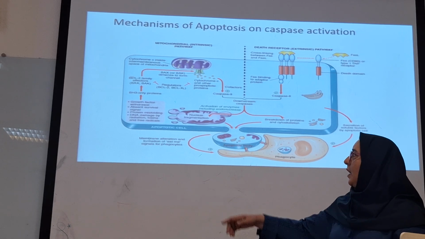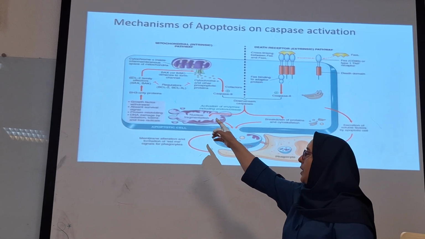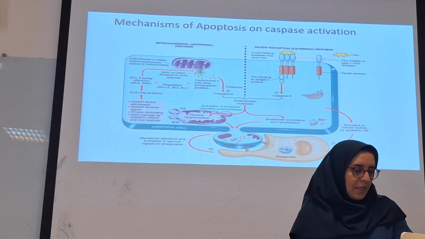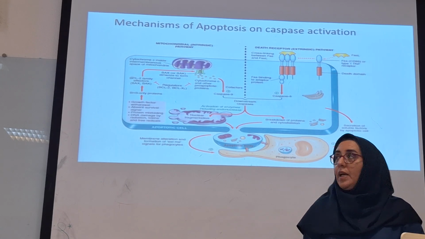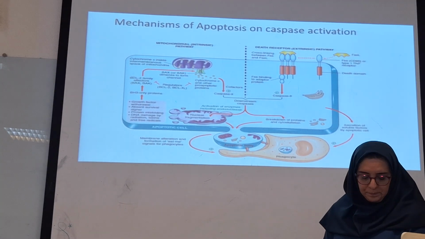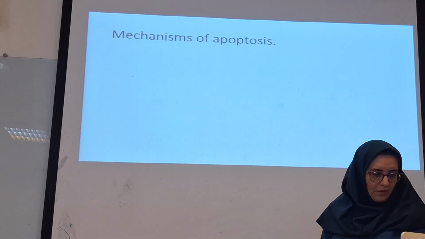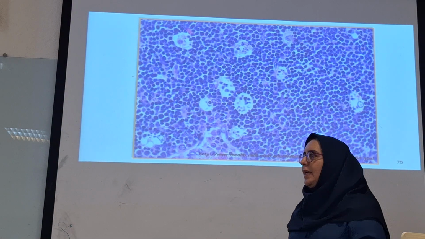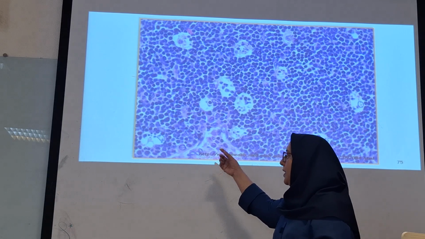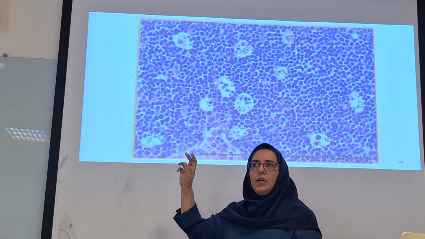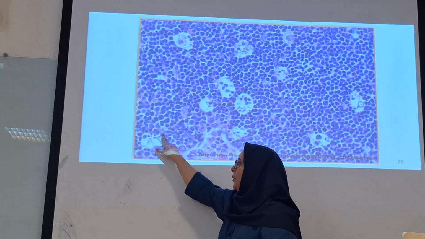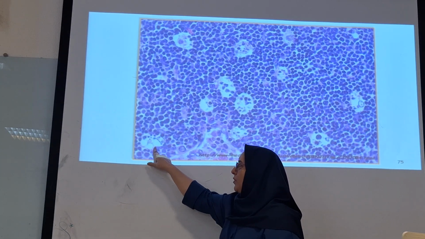In this figure, we have regulation by anti-apoptotic proteins such as BCL2 and BCL-XL. In the tissue, for example in this figure of lymphoma, there is proliferation of neoplastic lymphocytes. We have apoptotic bodies in the macrophage.